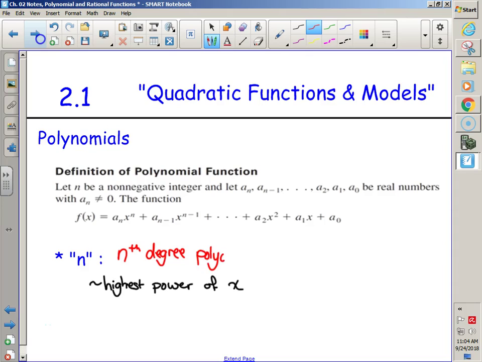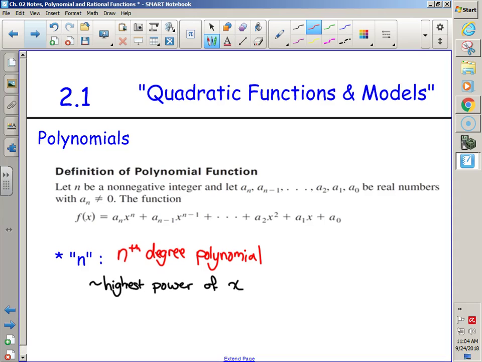So this whole definition is saying for any nth degree polynomial, whenever you hear me say that, I'm just talking about, is it a cubic with a degree of 3? Is it a quadratic with a degree of 2? Is it a quartic with a degree of 4?